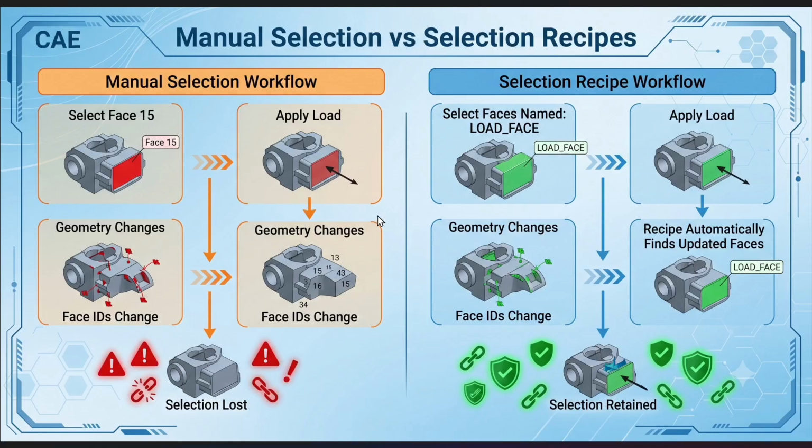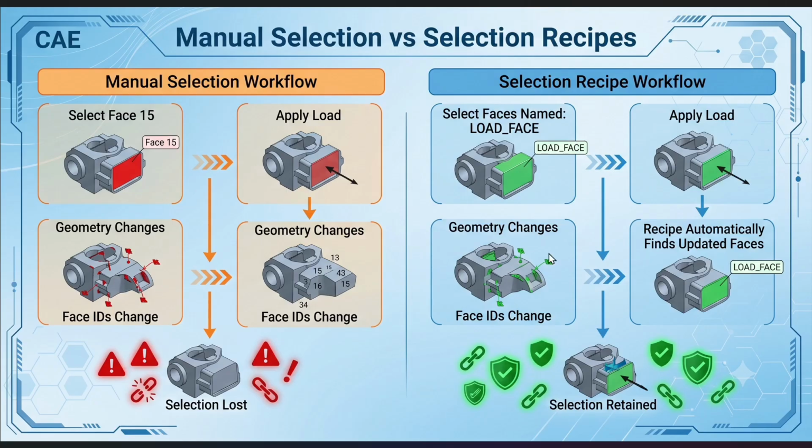Now, how selection recipes work: rather than telling the software to choose face number 15, you tell the software to choose a face whose name is load face. The selection recipe will name it. I'll tell you later in this video, probably in the next video, how to do that. To give you an insight first: you tell the software to choose a face named load face and apply load on that face.